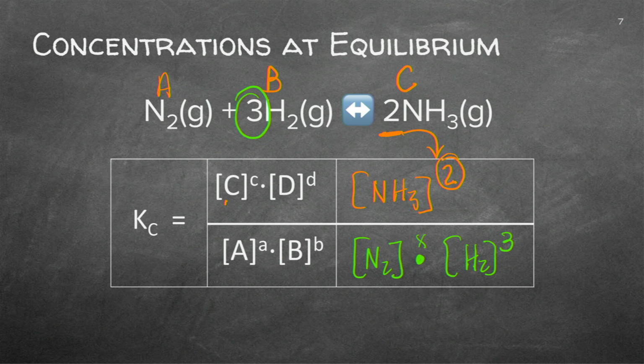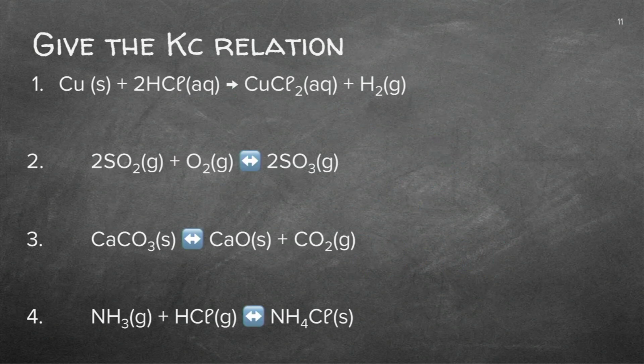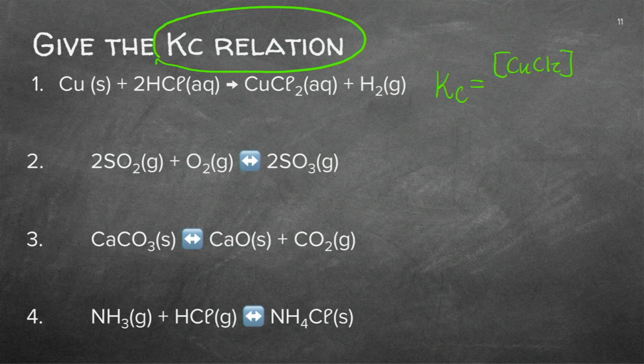Let's see if you can do this one. Give the Kc relation for the 4 reactions. Kc is, we don't write down product over reactant. We write down at the top CCl2, and we've got a plus there, or a multiply, and H2.